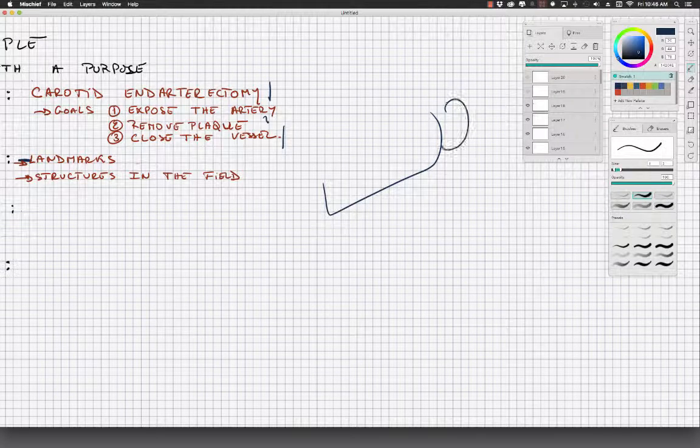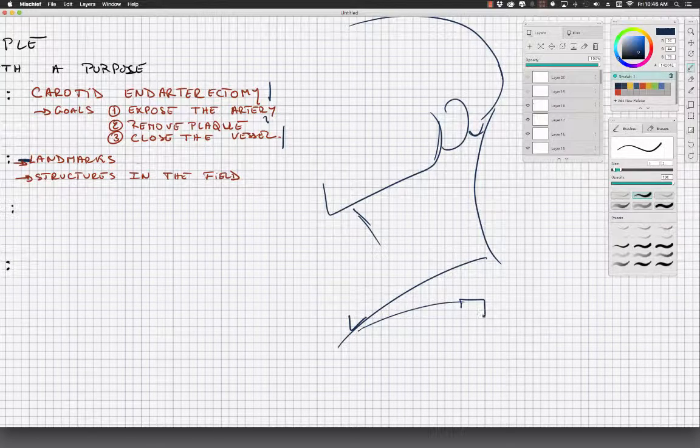You have the ear, angle of the jaw, the cranium, well, that's an alien cranium, mastoid process, the neck, sternal notch is here, you have the shoulder here, so I know where the sternal notch is, I know where the xiphoid process is, I know where the sternocleidomastoid is, and then I can draw my incision.